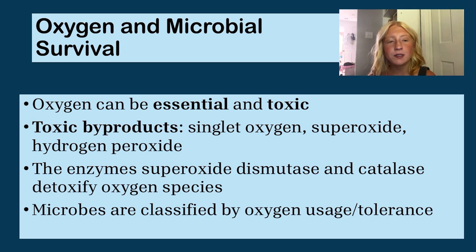So organisms that survive in environments with lots of oxygen produce catalase and superoxide dismutase, and these basically take care of the oxygen problem. They detoxify it. Microbes are classified into groups based on their oxygen requirements. Some require it completely, some others can tolerate it, and some don't need it at all.